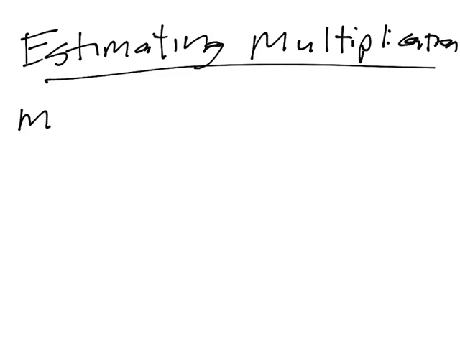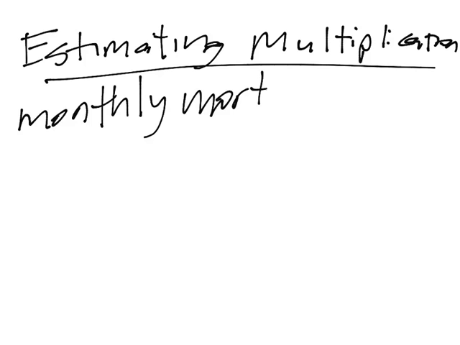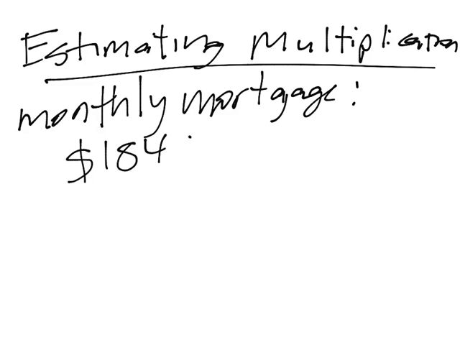Suppose your monthly mortgage payment is $1,848.76, and you have 4.5 years still to pay it off.